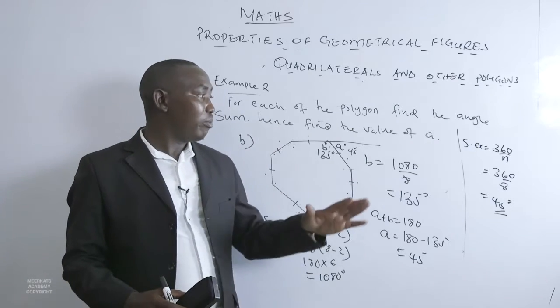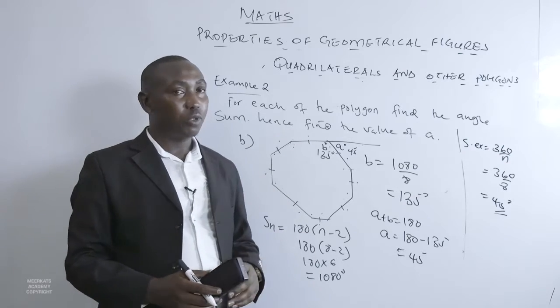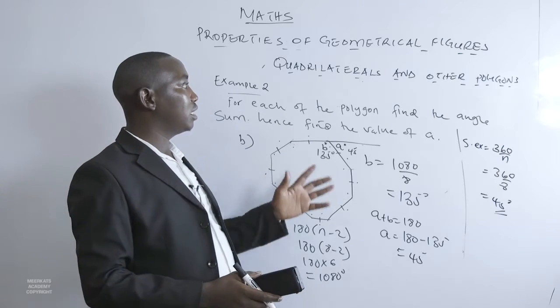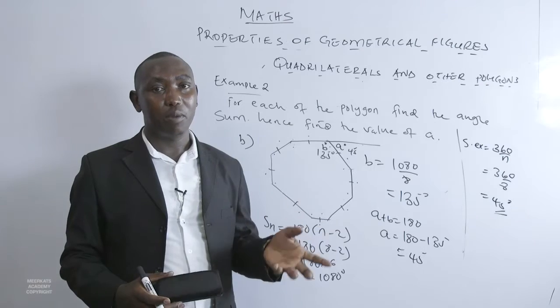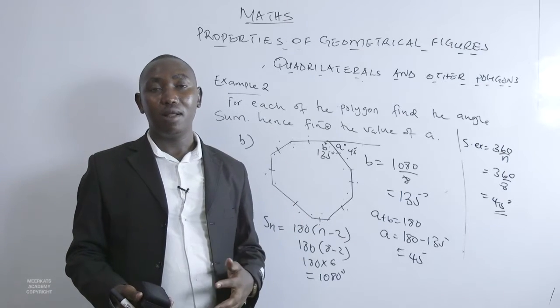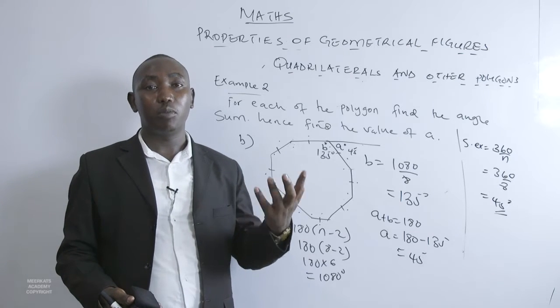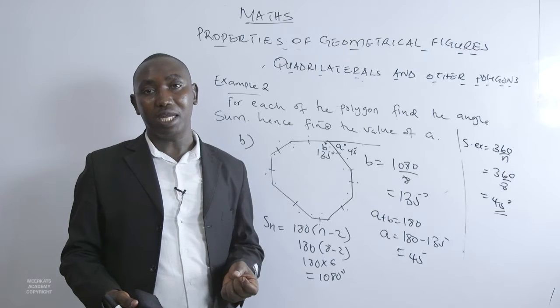So this brings us to the end of the subtopic that we have been looking at today, that is quadrilaterals and other polygons. The most important thing for you to recall is that quadrilaterals are called quadrilaterals because they have 4 sides.